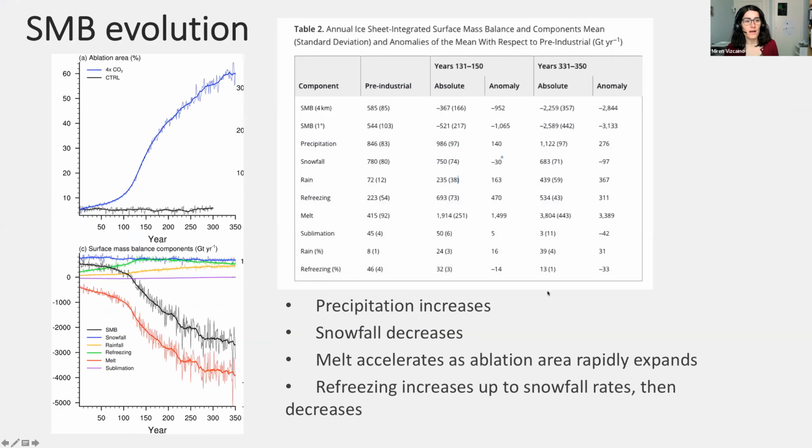Okay, so here again, we are plotting ablation area, and it's expanding. And if you look here at the melt, how it is evolving, from year 120 we find a very high acceleration of the melt rates. And this is coincidental with this very rapid expansion of the ablation area.